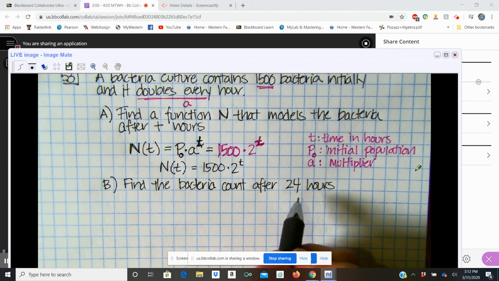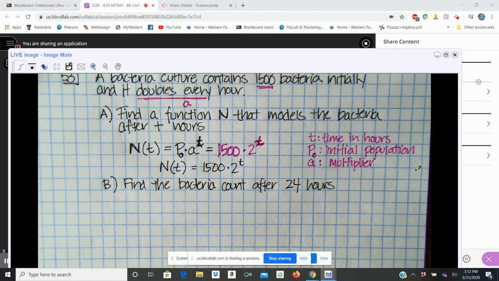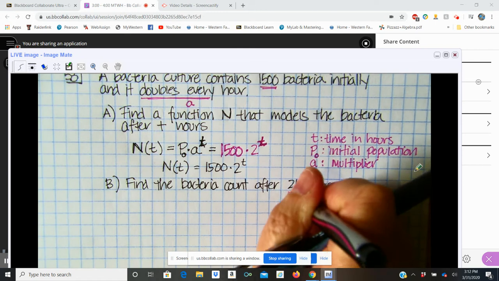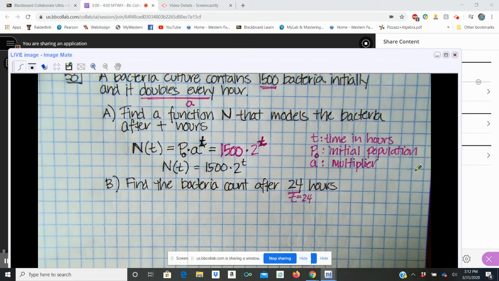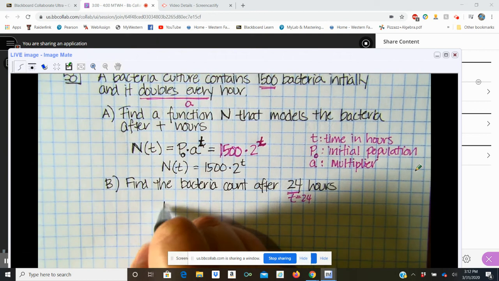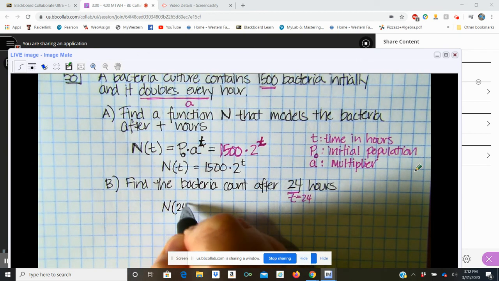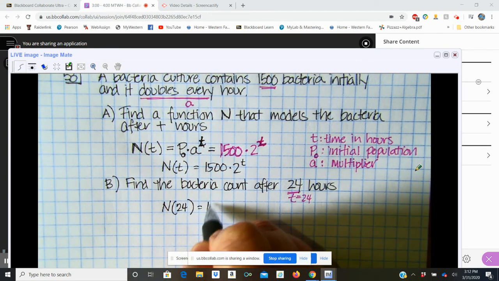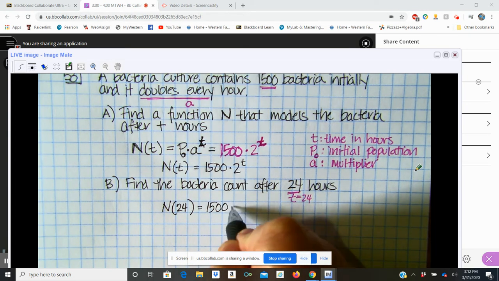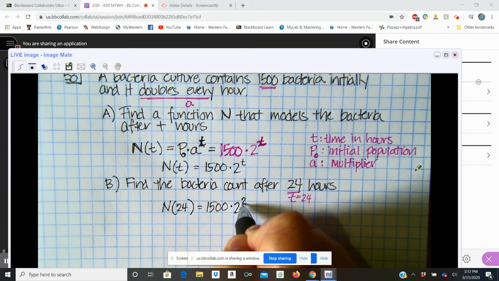Find the bacteria count after 24 hours. They're telling us the t-value. So now we're finding n of 24, which would be 1,500 times 2 to the 24.